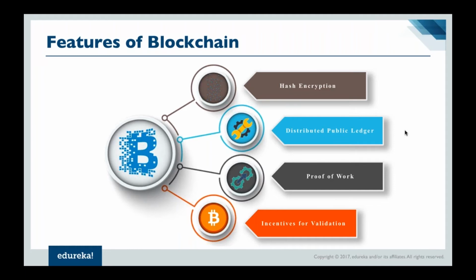But as long as the miner is following the checklist which is set into the Bitcoin software, he or she will get incentivized for being fair and being part of the consensus. So these are the four building blocks of the Bitcoin blockchain: hash encryption, distributed public ledger, proof of work consensus mechanism, and the incentivization of the miners for validating the transaction and the block.